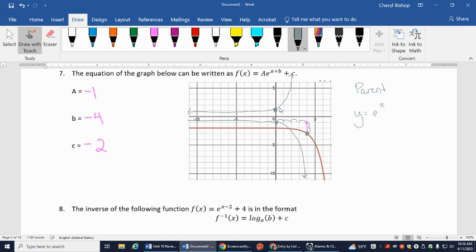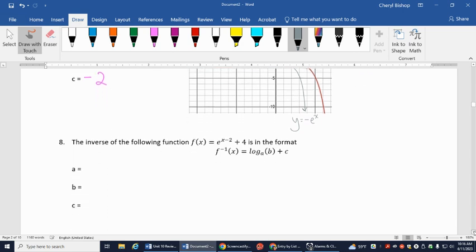I know it goes through right here at (0, 1), and it's an exponential function. This one's my parent. Then this one here, the second one I drew, is y equals negative e to the x. And then from there we moved it right and down. Okay.